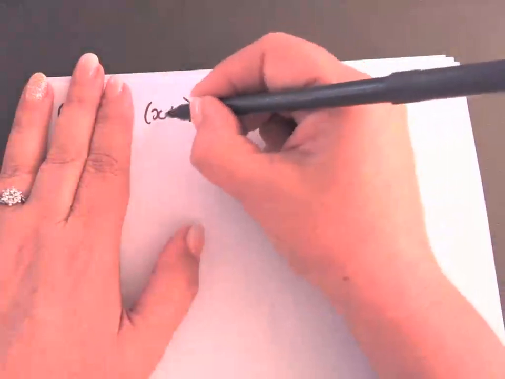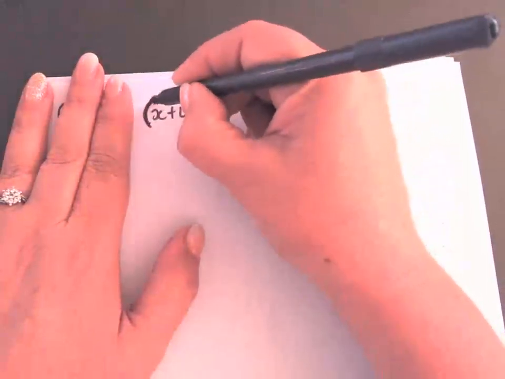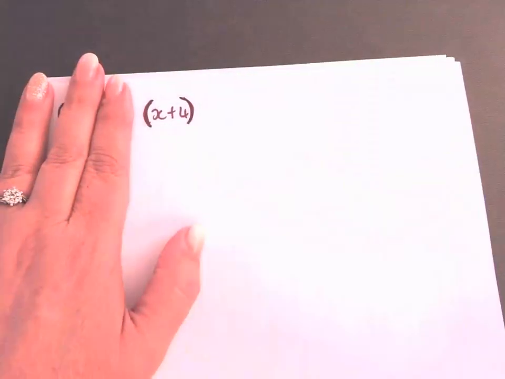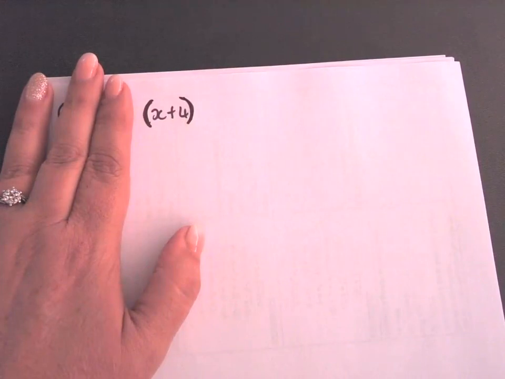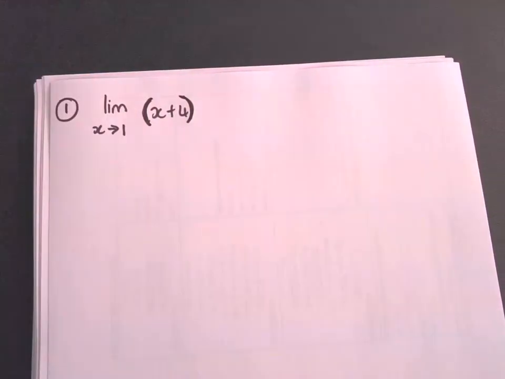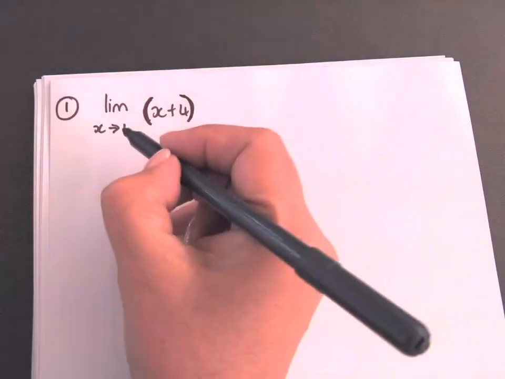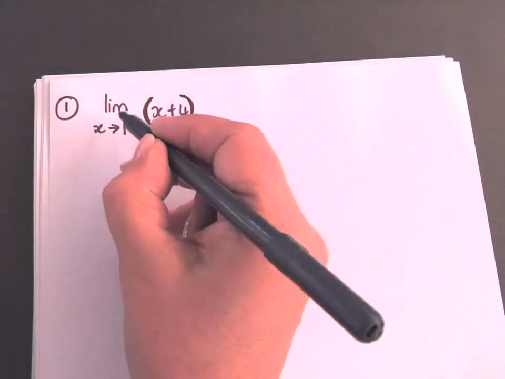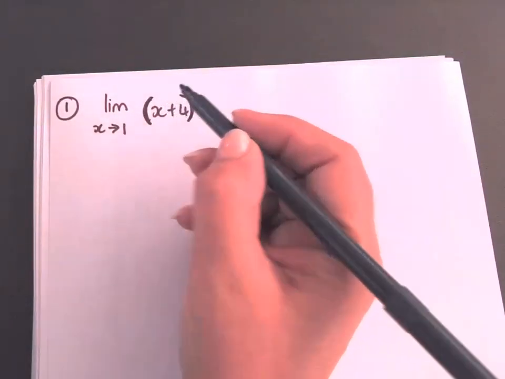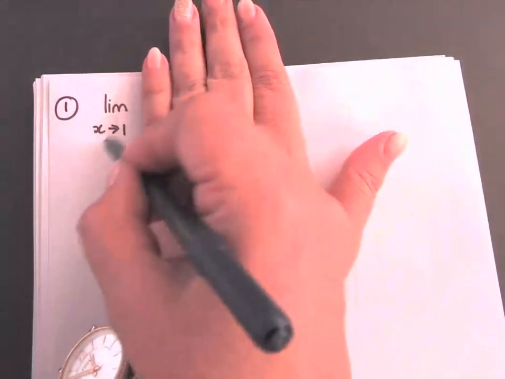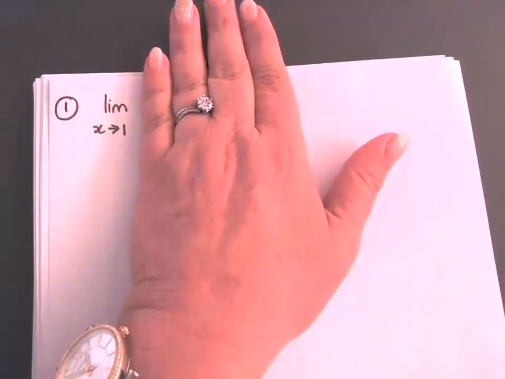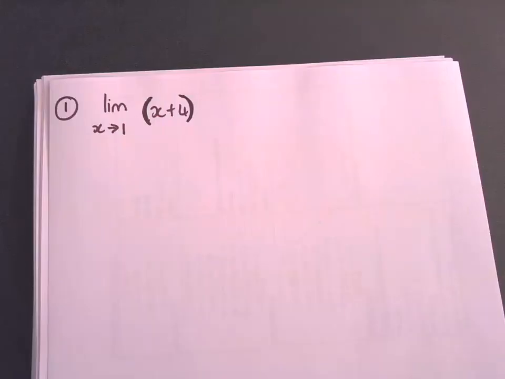So if there are 2 or more terms, you have to use brackets. The other thing that's important is as soon as you substitute this value into your sum, the notation part disappears. Okay, I will show you what that means.